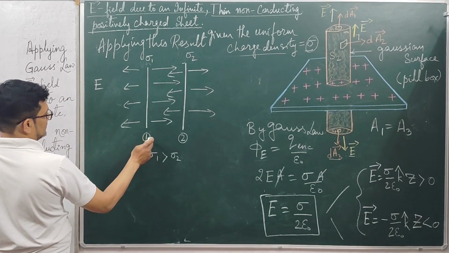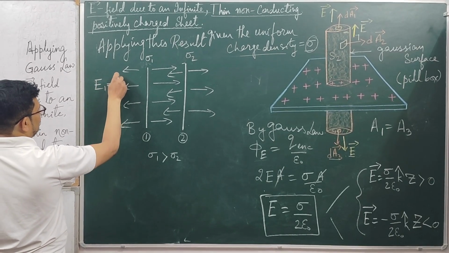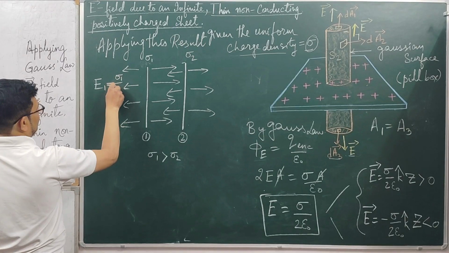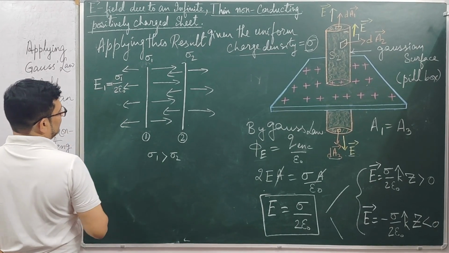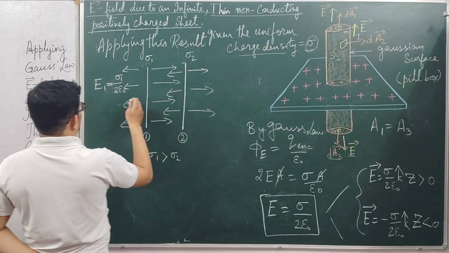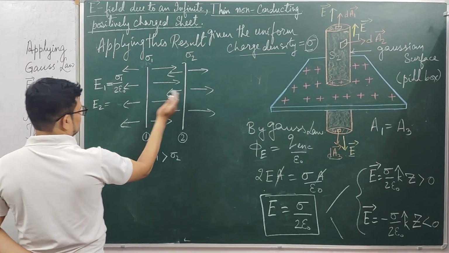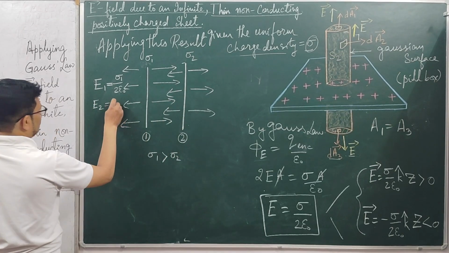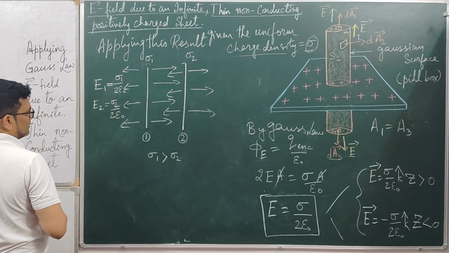Because of this, E1 is going to be sigma 1 divided by twice of epsilon naught in this direction. And E2, because of this, is going to be sigma 2 divided by twice of epsilon naught.